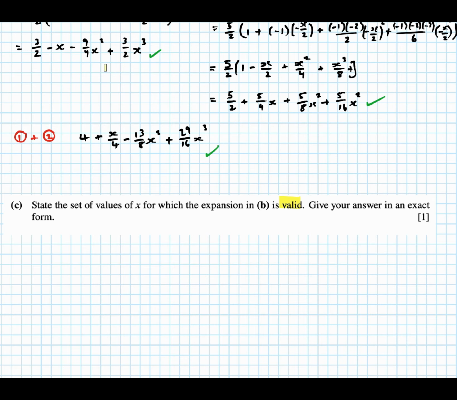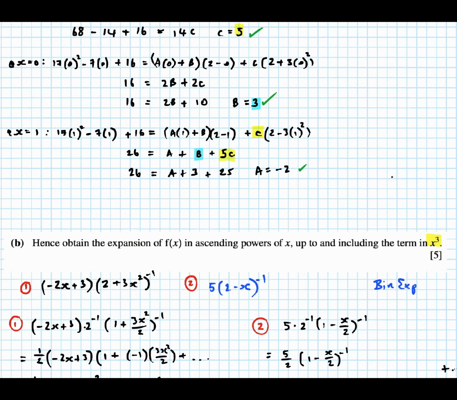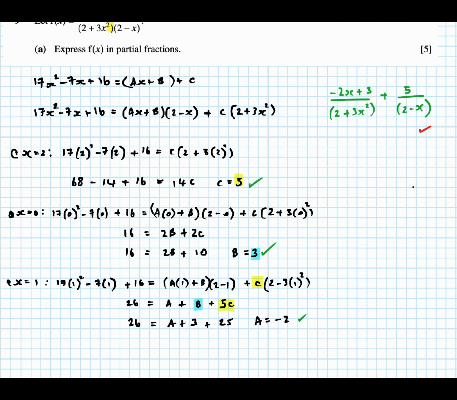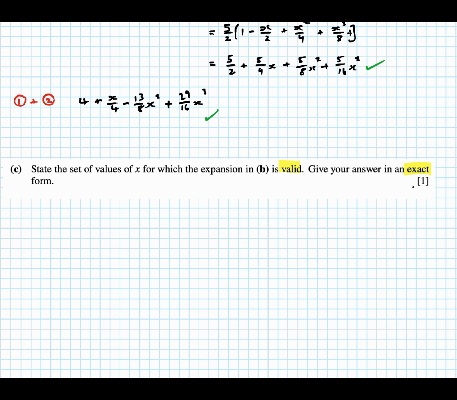Okay, state the values for validity. So we've done validity tests with this before. So what we have here is, you have to go back to a certain point now to check this. It's at the point where we did the second step. So it's 3x squared over 2 is less than 1. And minus x over 2 is less than 1. And the mod symbols around those as well for positive value.